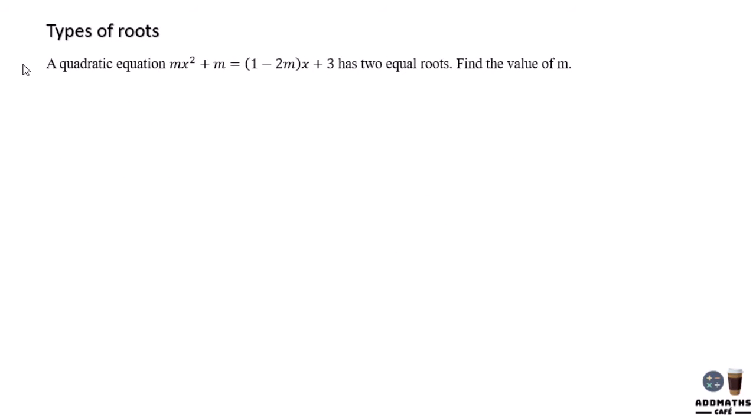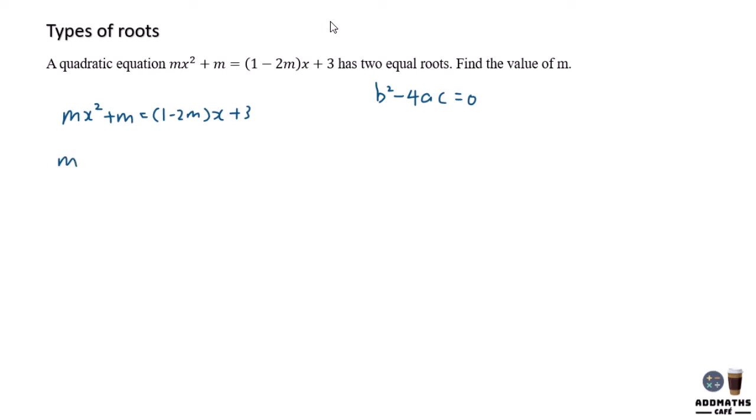The third question will be on 2 equal roots. So 2 equal roots means that you have to apply b squared minus 4ac equal to 0. In this case, you have to change this quadratic equation into a general form.